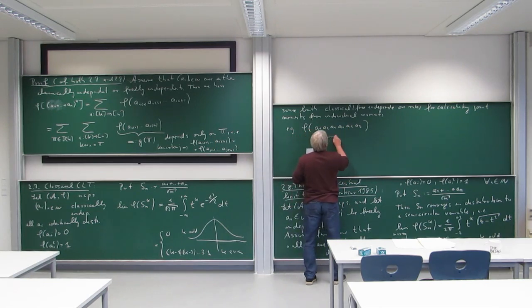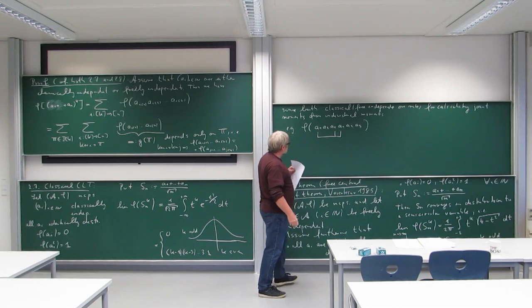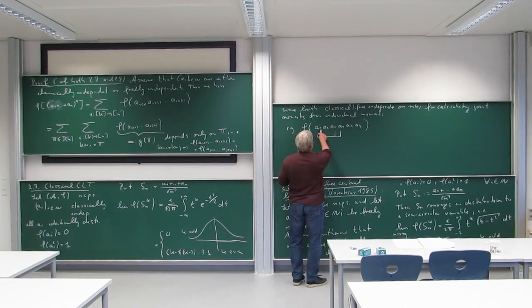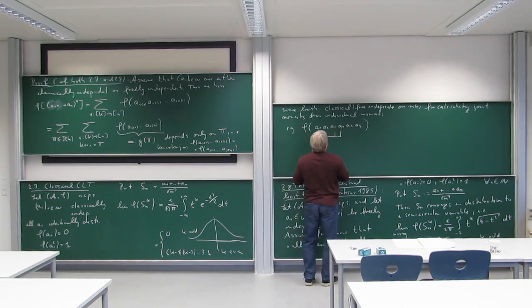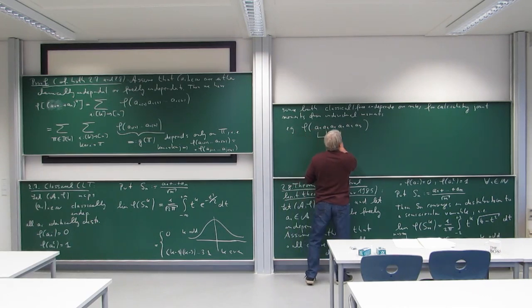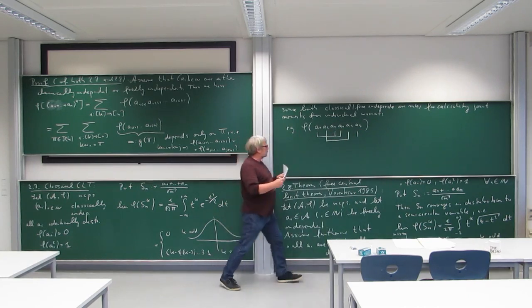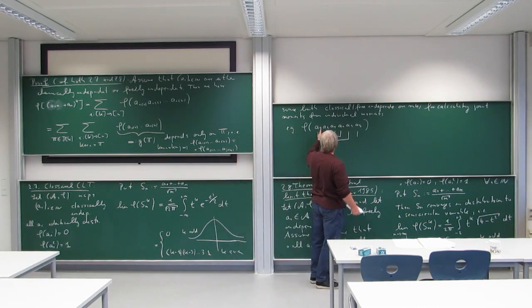The kernel is the partition which tells me where the indices are the same. So here's one block, because at those positions I have the same index 1. Then here I have index 2 and 2. And here I have the index 3. So the kernel of this multi-index 1, 2, 1, 1, 2, 3 is this partition.